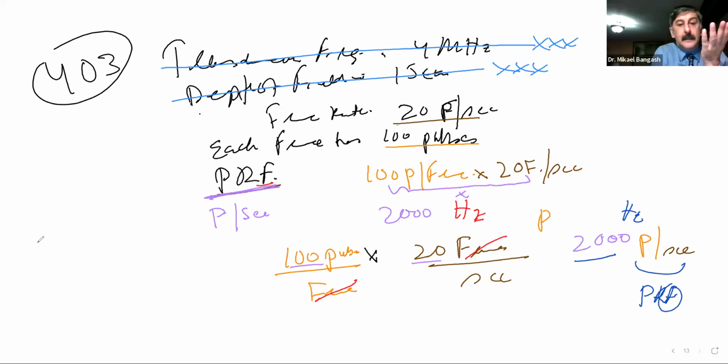Now, had I asked, with the same question, the same data, everything, what's the time to create a frame or an image? What is the time to create a frame or an image?